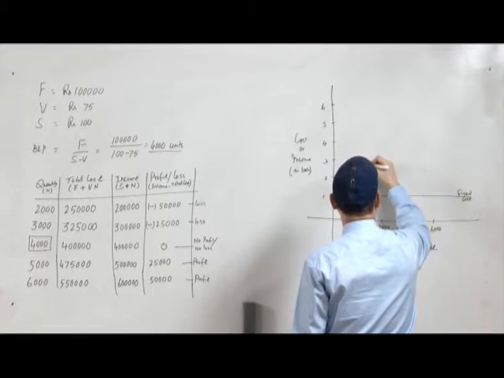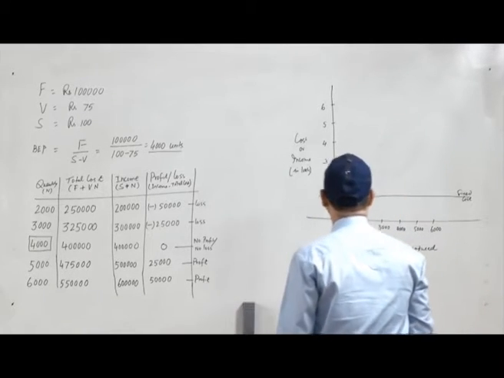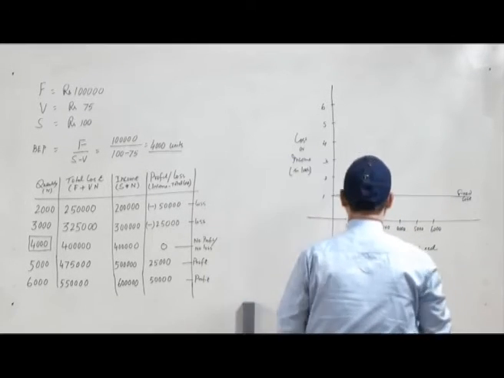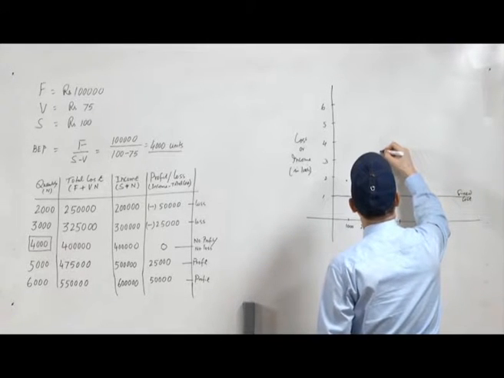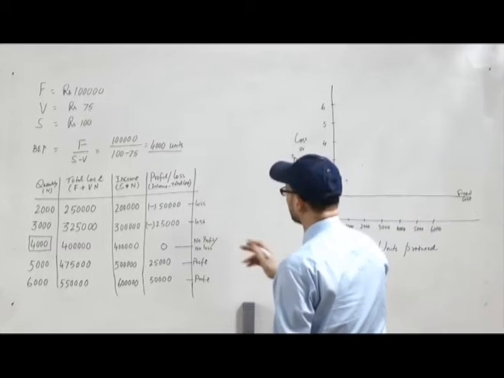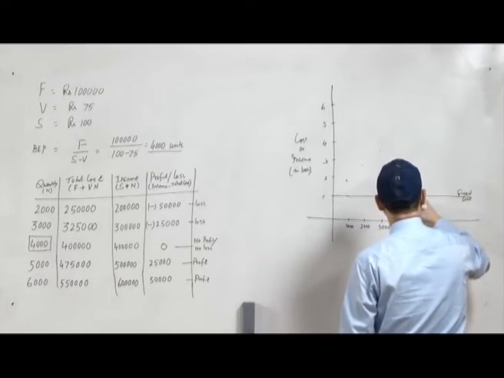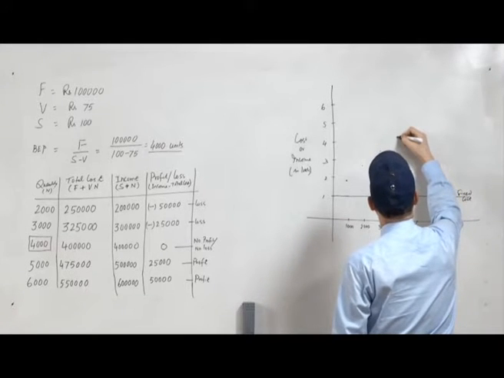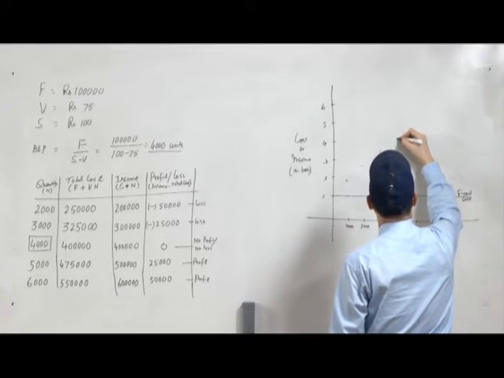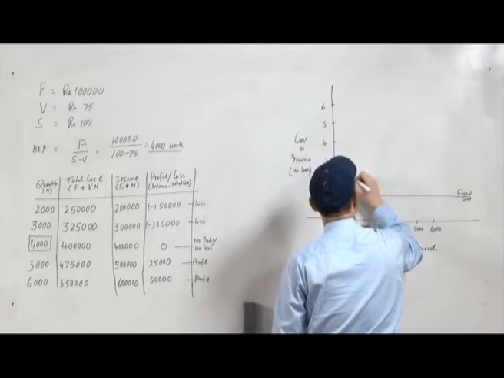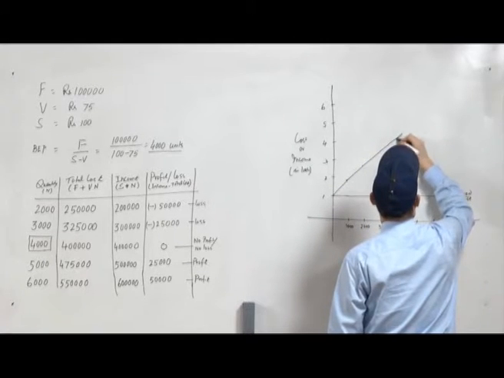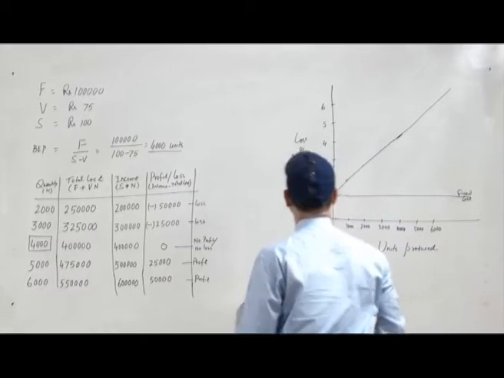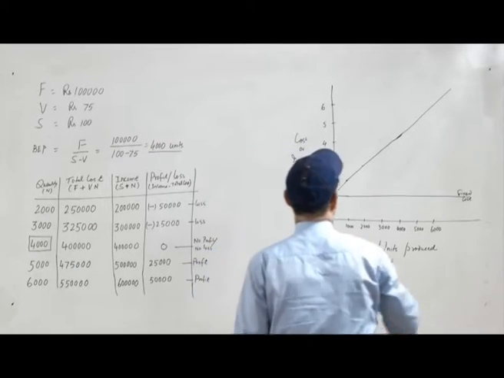It is here. Then for 3000 units, 3,25,000. It will be here. Then for 4000 units, it is 4 lakh. So, this line goes like this. This is your total cost line.